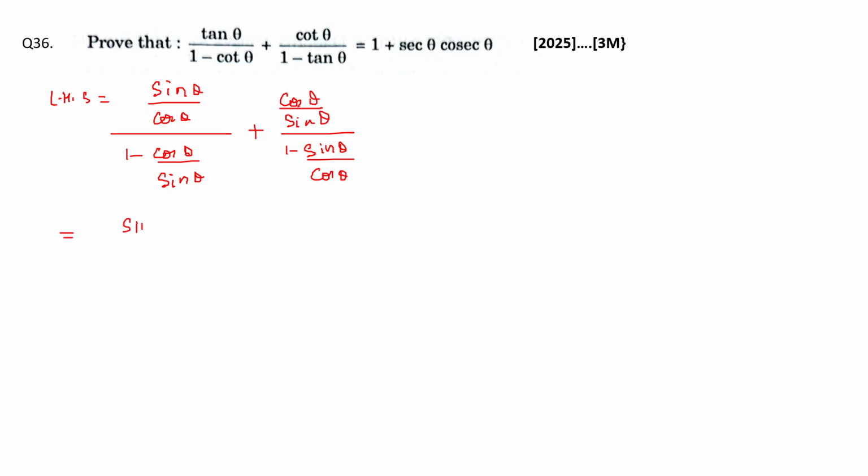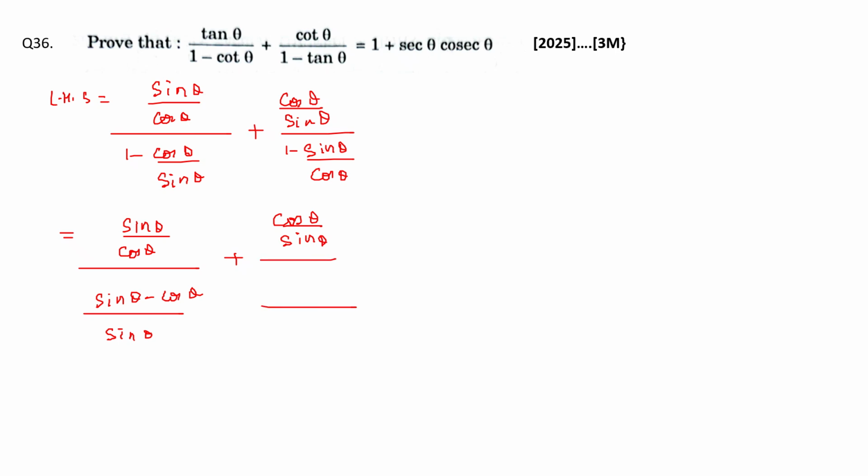So now let's take LCM in the denominator part. So here it is sine theta minus cos theta by sine theta, plus cos theta by sine theta, and take LCM as cos theta, so it will become cos theta minus sine theta.